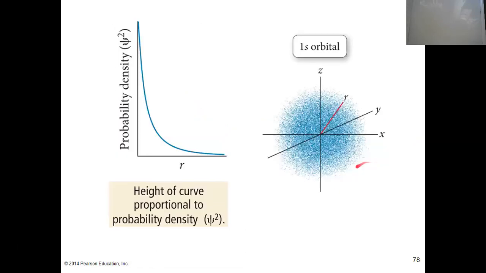You can also look at this in terms of an actual curve. This is your R value, this is your R value. Your probability density is going to be higher the closer you are.